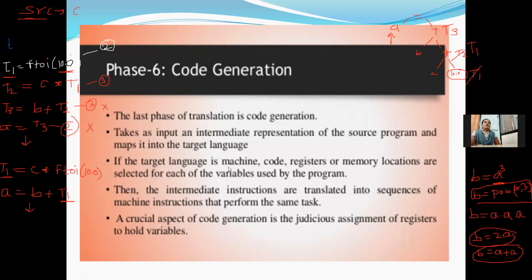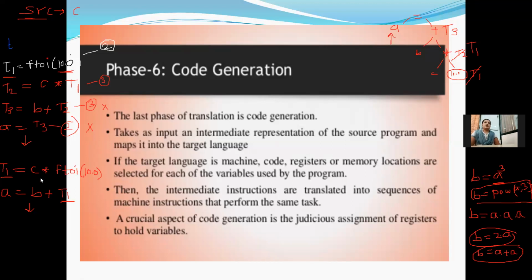If the target language is machine code, registers or memory locations are selected, or we can say that the language is machine level language or assembly language, then we are going to select the code accordingly, the number of registers and memory locations for each variable used in the program. So we are going to store every variable in maybe registers or memory locations.